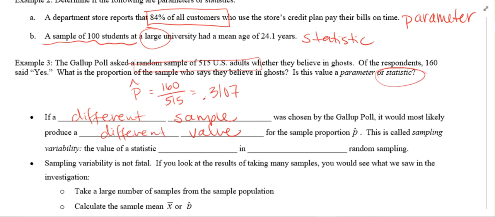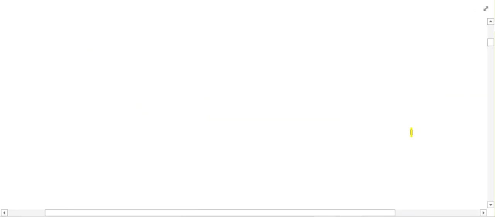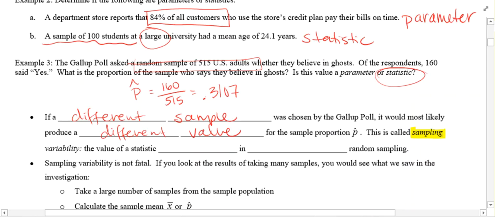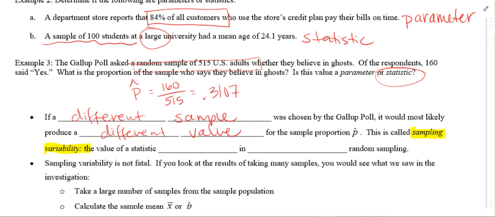This is called sampling variability. This is a key phrase that you will see throughout this chapter and the coming chapters, where we don't always get the same answer. And that's perfectly fine. If you ask a different group of people, you should get a different answer.